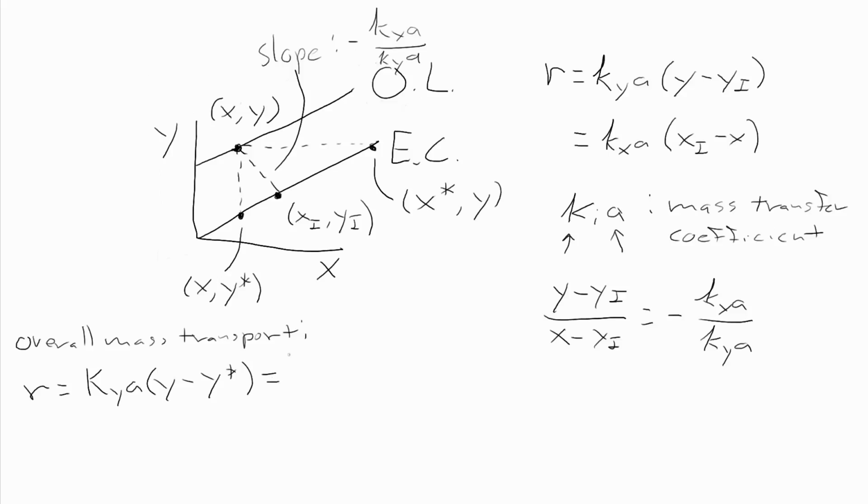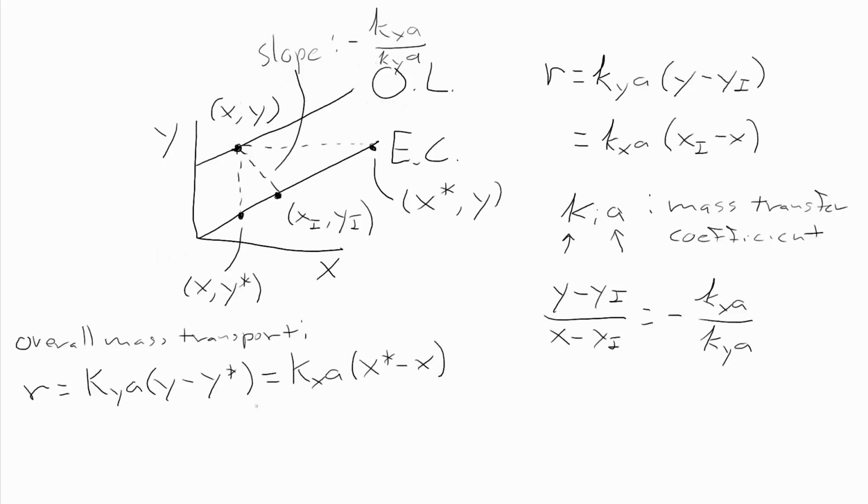And this is going to be equal to k_xa times (x star minus x). Again, the signs are reversed because whatever leaves the liquid phase enters the vapor phase and vice versa. So the rate for the liquid phase is the opposite of the rate for the vapor phase. If one is negative, the other is positive.